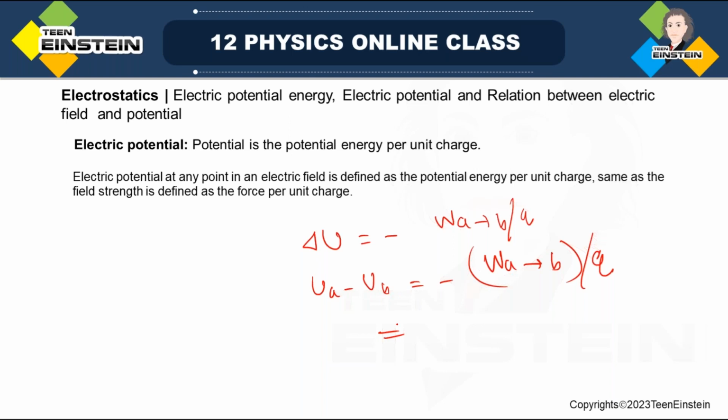So here we can see U by Q naught, that means work done per unit charge, and this can be written as VA minus VB.